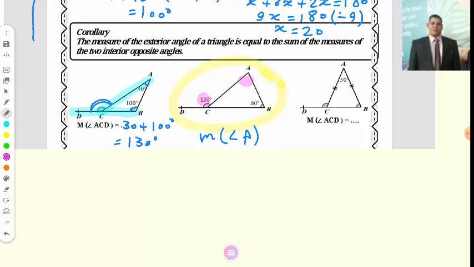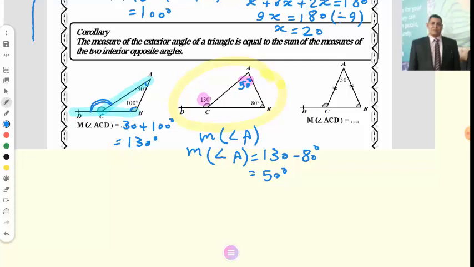So to find the measure of any interior opposite angle, we subtract. Measure of angle A equals 130 degrees minus 80 degrees, which is equal to 50 degrees. Then this angle equals 50 degrees.